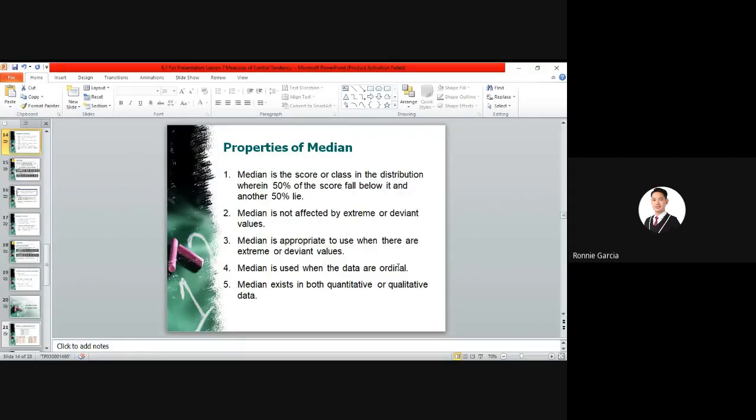So, kung pwede siya ma-arrange, whether it is quantity, it is a number, or it's a description, naa siya'y median, nag-exist ang median. As compared ganina sa mean, dili siya pwede kung quali, di ba? Pang quanti ra jud ang mean. So we can now see the difference between the two.